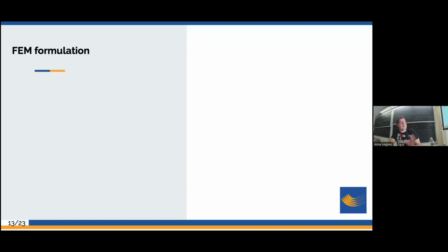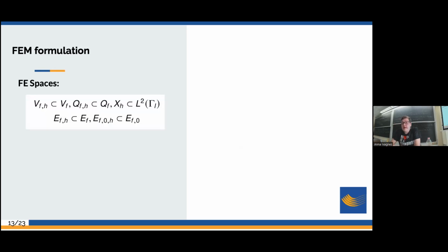Now we can move to the discretization. In our work, we concentrated on using the finite element method, and for that, first of all, we need to describe finite dimensional subspaces of our variational spaces.